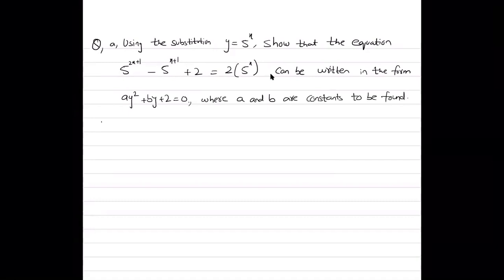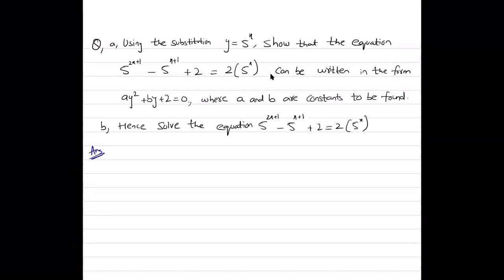Okay, so this was part A, and part B is hence solve the equation 5 to the power of 2x plus 1. Okay, I'm going to go step by step over here. Do you remember substitution? Yeah.